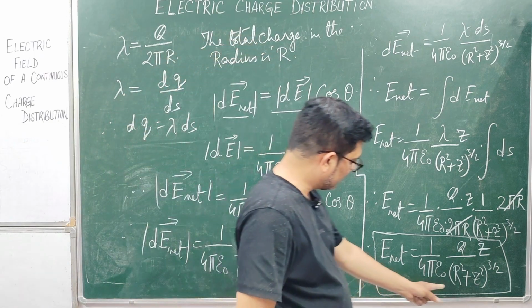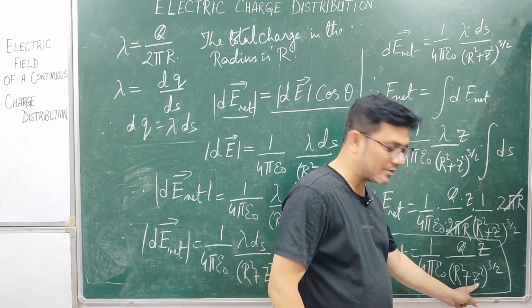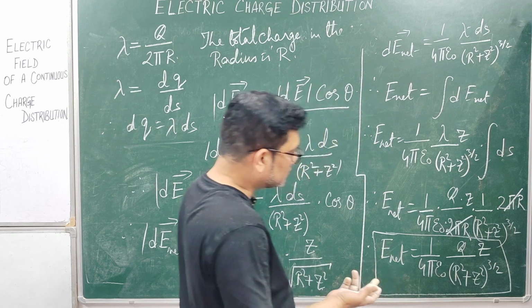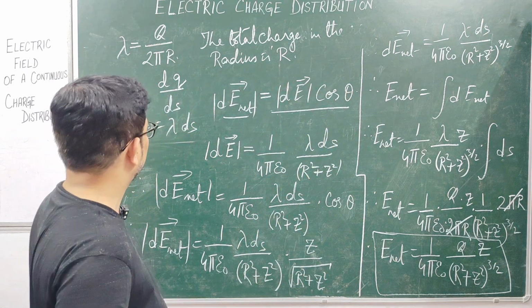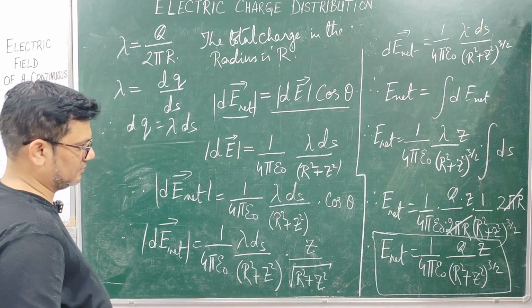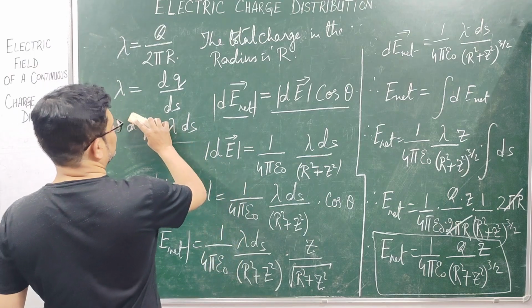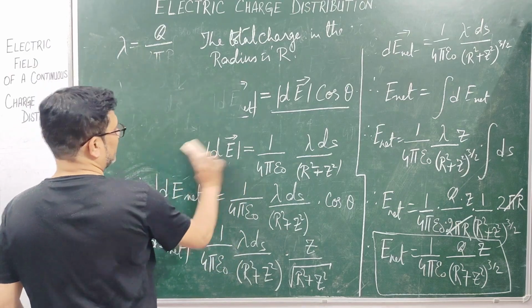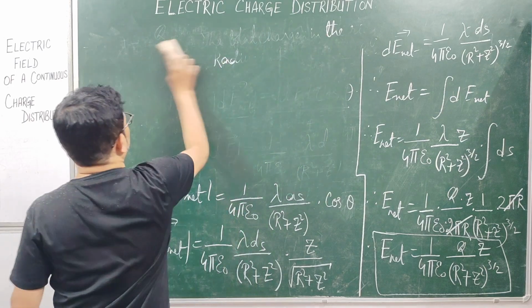So if you consider z to be very much larger in value as compared to the radius of the ring, then we can make that approximation.